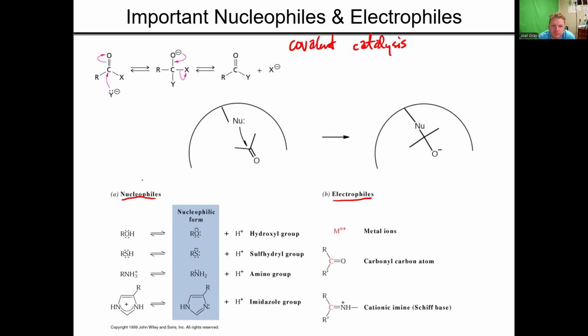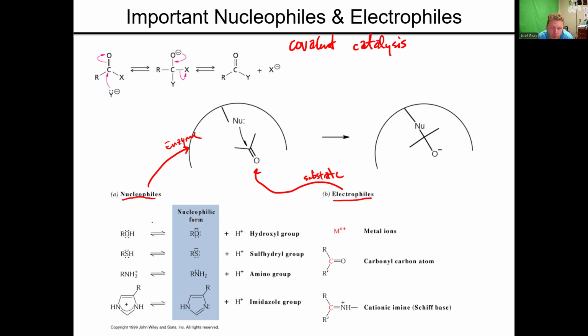Your nucleophiles are typically a part of your enzyme, whereas your electrophiles are typically your substrate. Now, this list of nucleophiles has our amino acid side chains in their nucleophilic form.